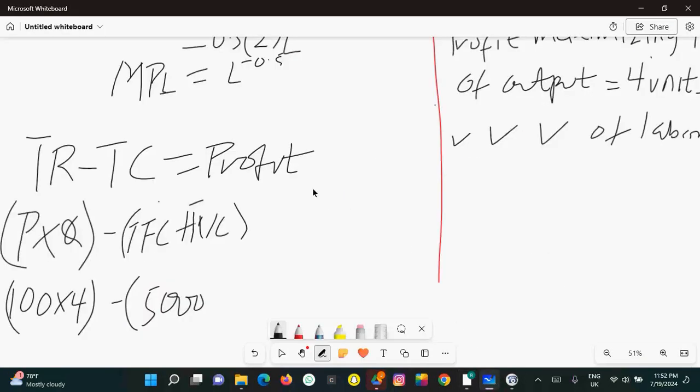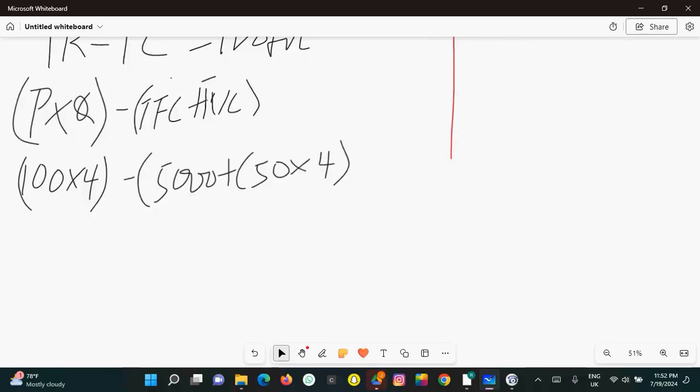Now the variable cost here is going to be the cost of labor, which is 50 times 4 units of labor, because the profit maximizing level of labor is 4 units of labor, right? So that's what we are going to do.